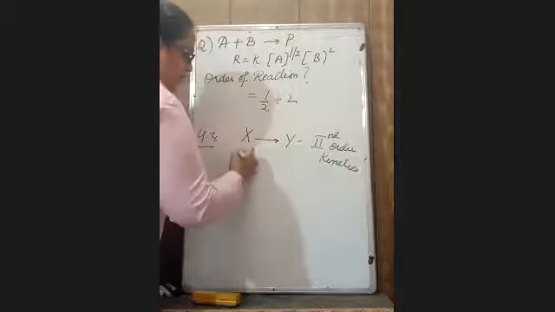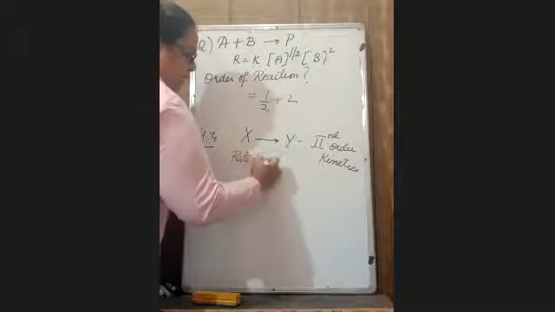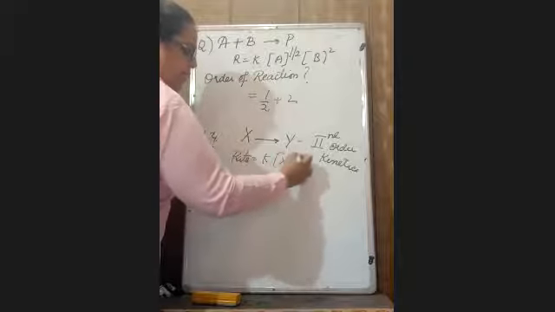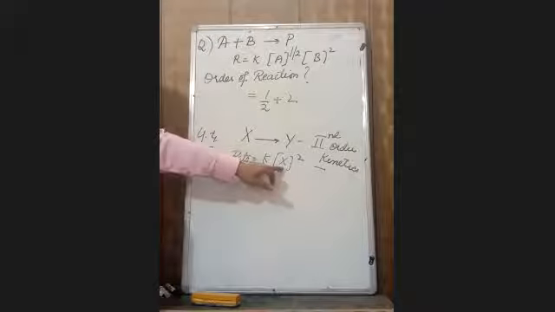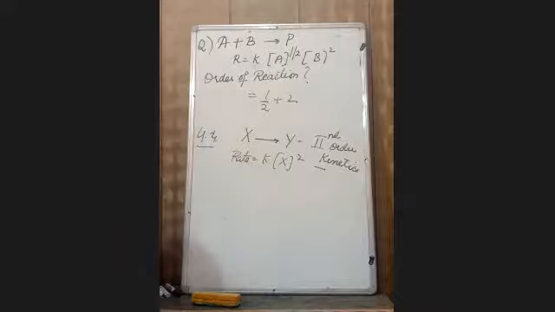It means rate is equal to K X power 2. It is given to us in the question. What will be the order of the reaction? Sorry, if the concentration of X is increased to 3 times, how will it affect the rate of formation of Y?